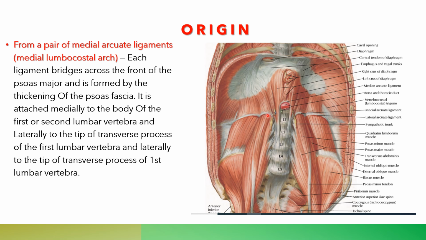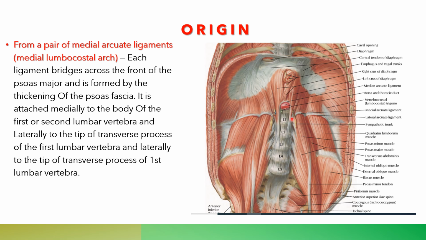Each medial arcuate ligament bridges across the front of the psoas major muscle, and it is formed by the thickening of the psoas fascia.